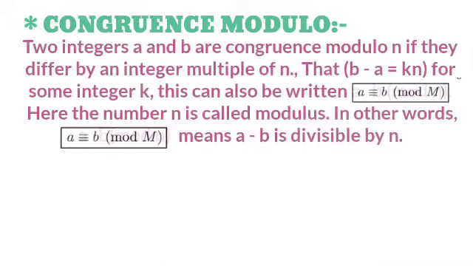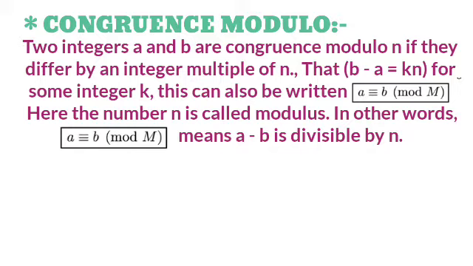Now we'll see what congruence is. Congruence modulo: two integers a and b are congruent modulo n if they differ by an integer multiple of n, that is, b minus a equals k times n, or a minus b equals k times n, for some integer k.